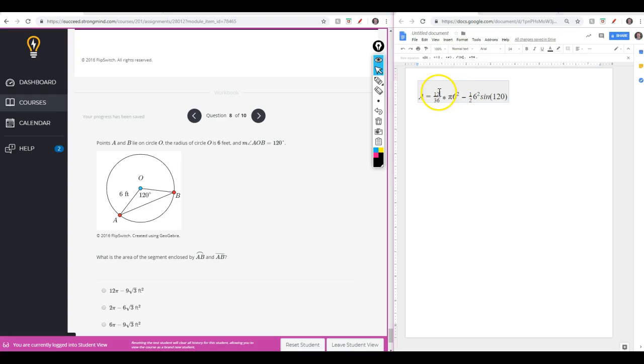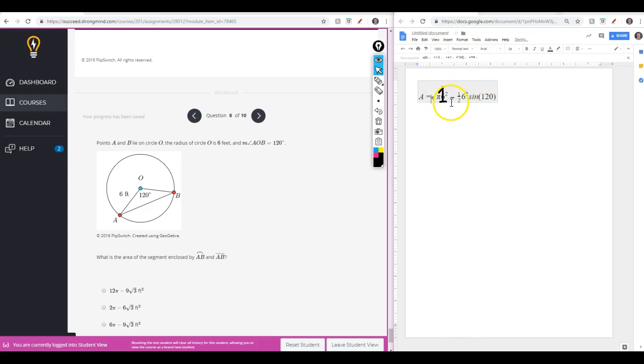Well, I know that 12 could be rewritten as 1 times 12, and I know 36 could be rewritten as 3 times 12. So again, 12 divided by 12 reduces down to a 1. That just leaves us with 1 times 1, which is 1.